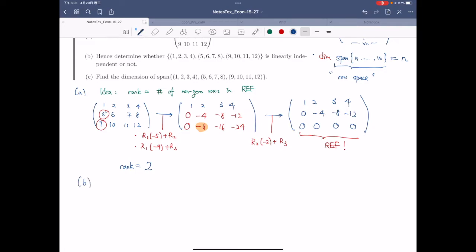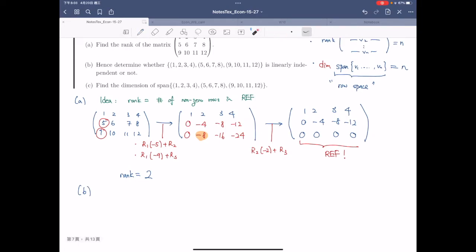So, part B. Determine whether this is linearly independent or not. Okay?